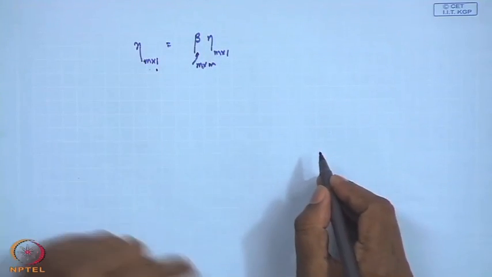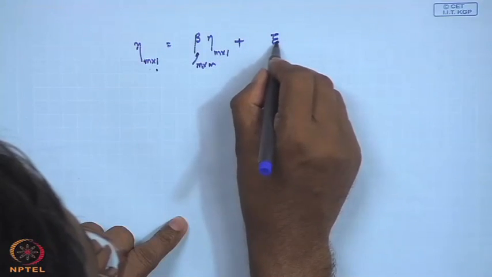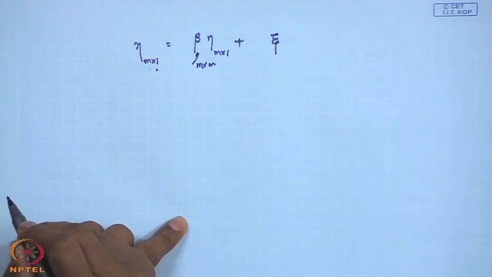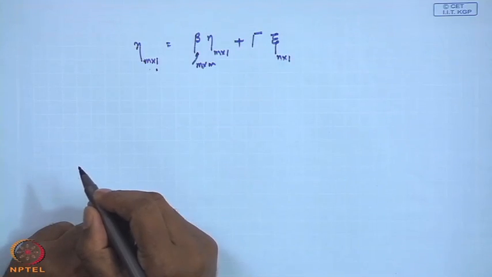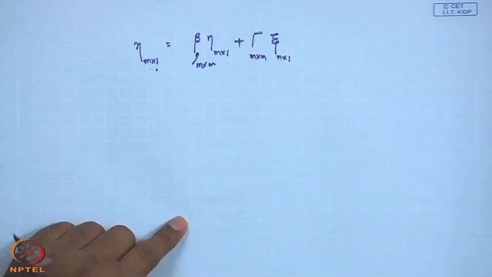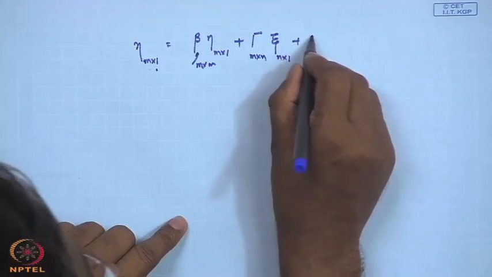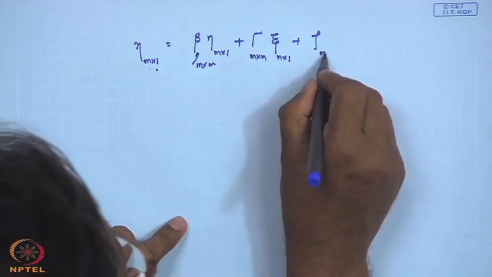Plus it will be affected by xi, which is n cross 1, then there will be gamma. So, gamma will be m cross n, plus your error term, which is m cross 1.